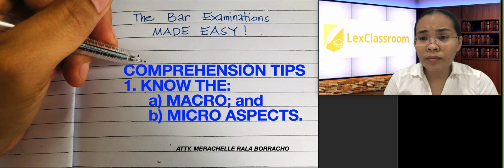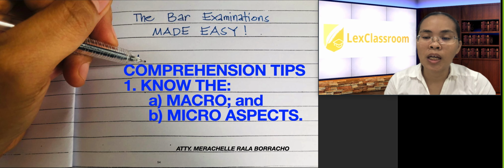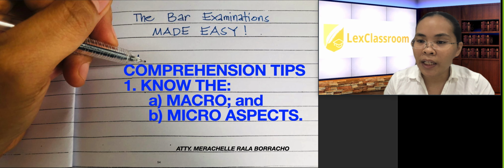Now, how are you going to do this? The macro is the bigger picture of things. The micro would be the specific, the nitty gritty, and what you should know in detail.